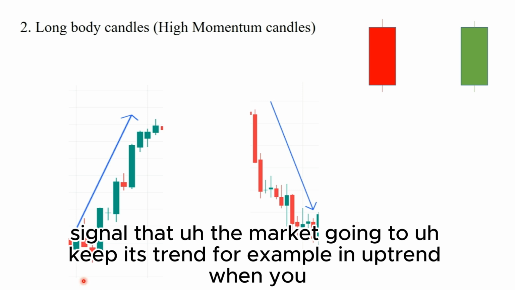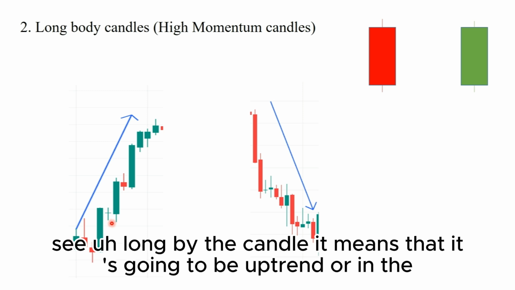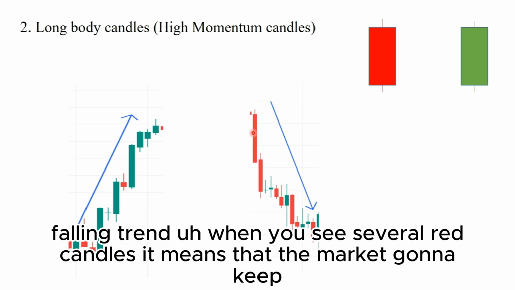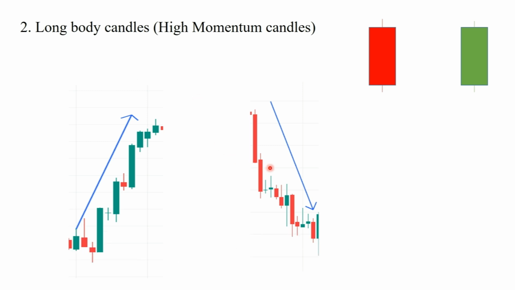For example, in an uptrend, when you see long body candles, it means that it's going to stay an uptrend. Or in a falling trend, when you see several red candles, it means that the market is going to keep its trend to the downtrend.